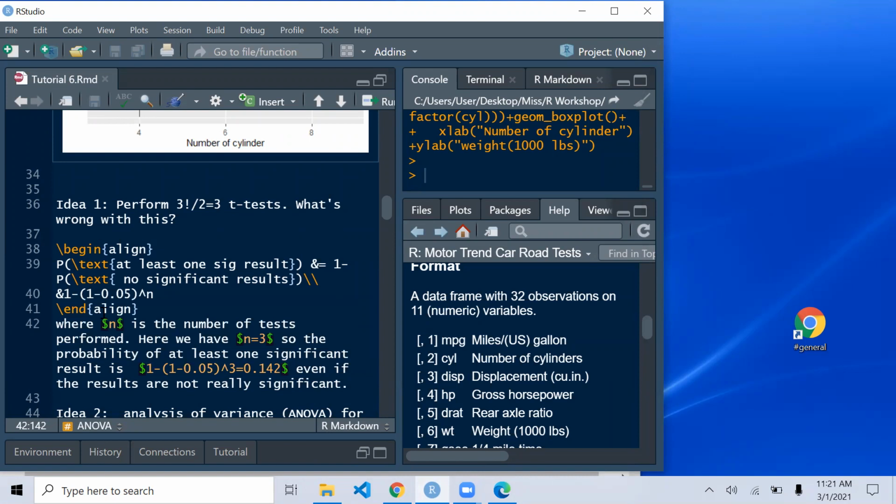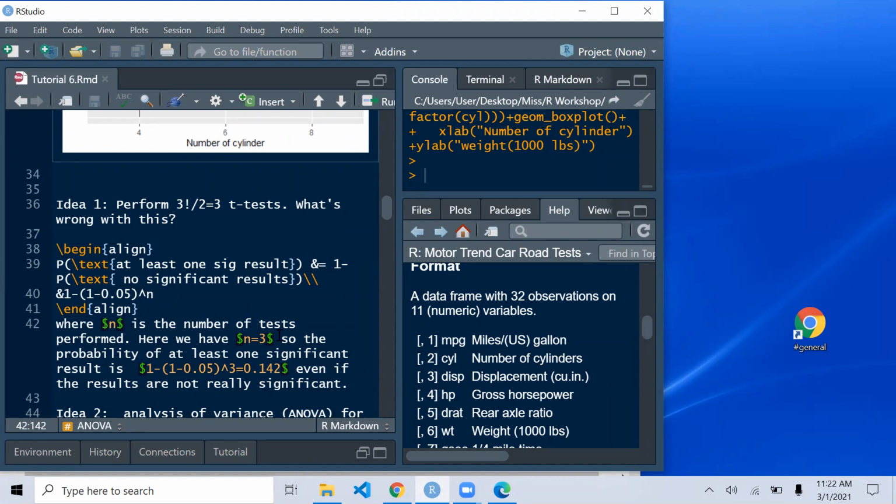So this is a problem. And this probability of finding at least one significant result will increase with the number of groups you have, because when you have more groups, you have more pairwise comparisons to perform.